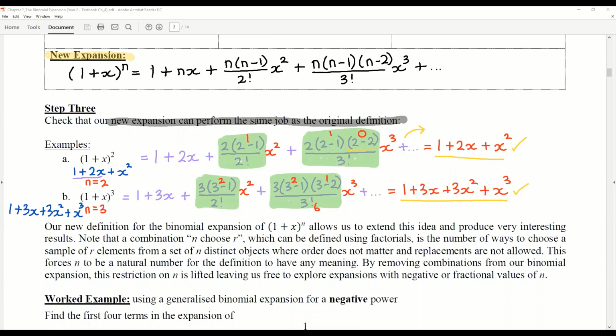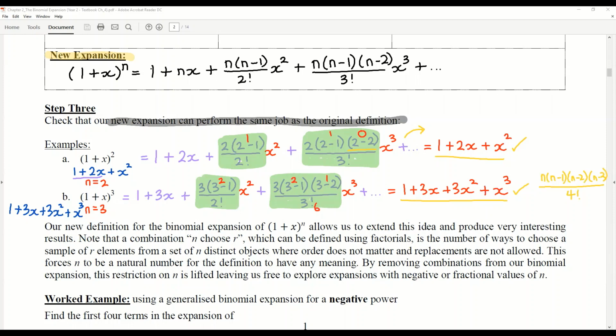And similar to the previous example, part A, if we continued the pattern, remember we would have n, n subtract 1, n subtract 2, n subtract 3 over 4 factorial. That would be the coefficient of the x to the power 4 term.